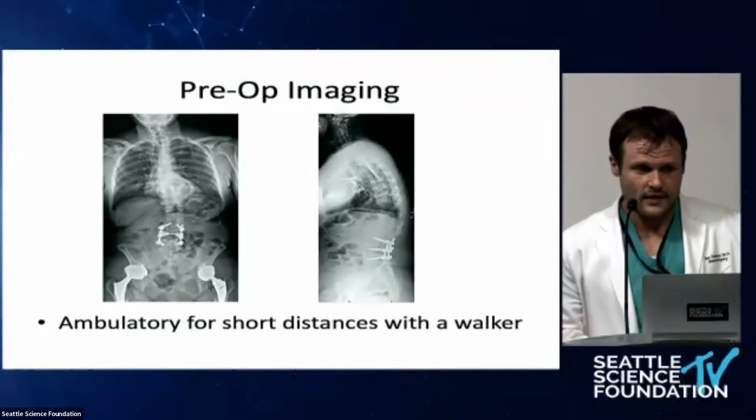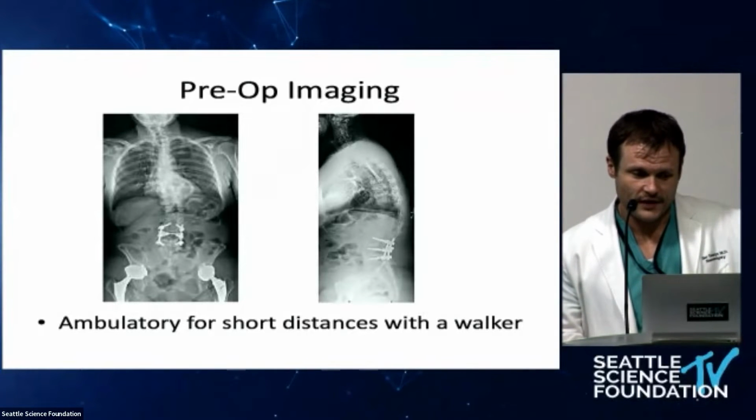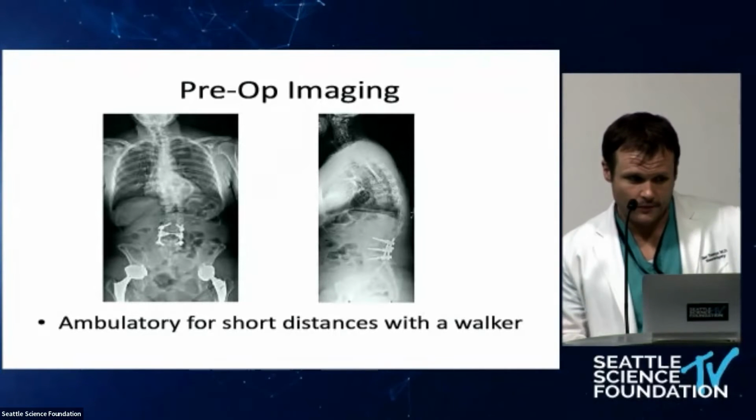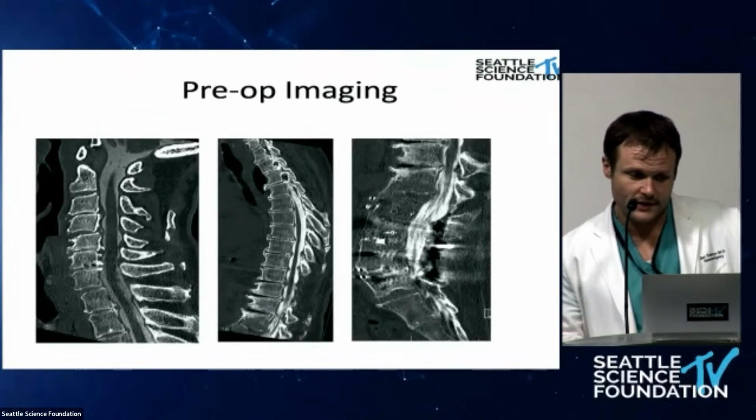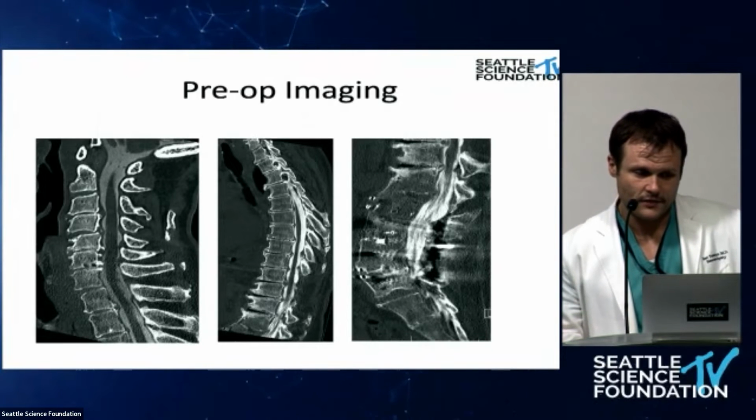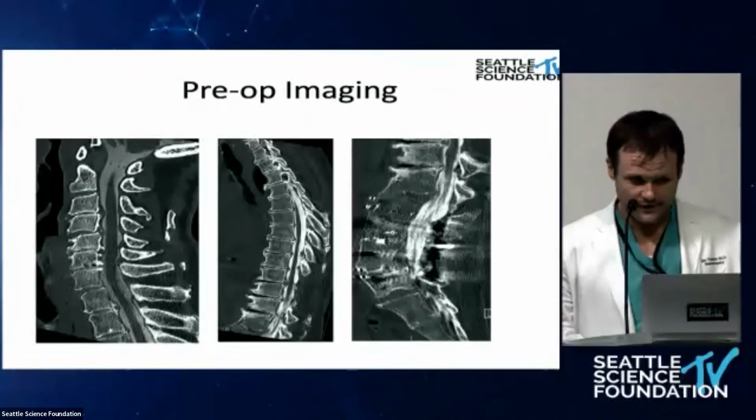Okay, great. So she's in a lot of pain. She's ambulatory, but can't make it around the block, just with a walker. This is her pre-op imaging, showing her previous fusion and the kyphotic deformity above it, which you can see more clearly on the CT scan. This is her cervical spine, which was not her problem. I just thought the osteophytes were interesting.